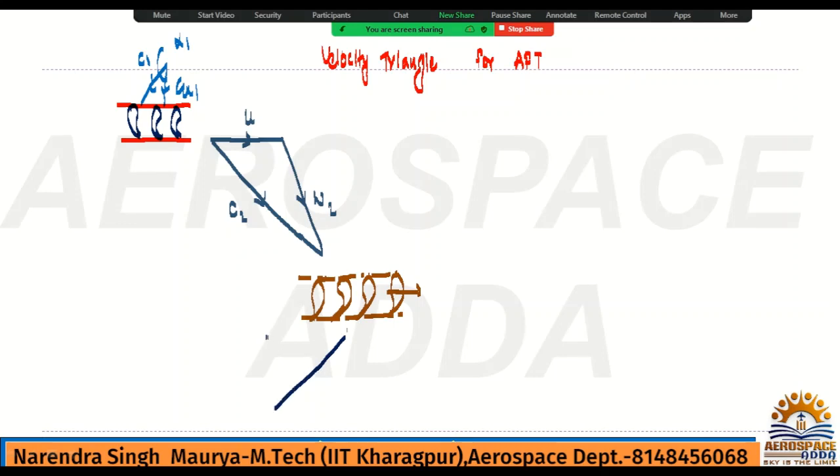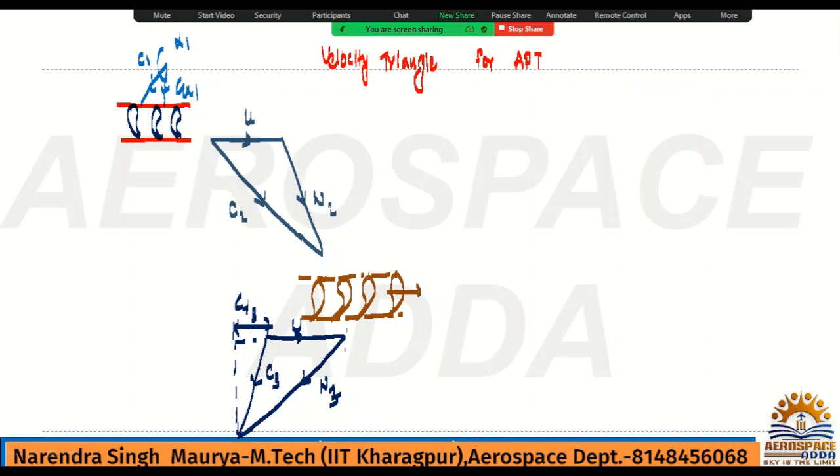Okay, all right, so this is u, this is the exit relative velocity from the rotor, which is nothing but omega 3. This is the absolute velocity, which is C3. Now if you check the axial components, so obviously this will be the axial component, okay, and this will be CT3.